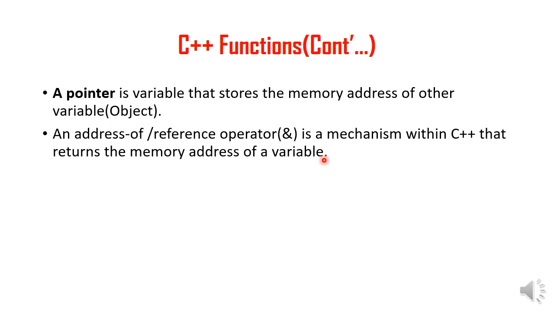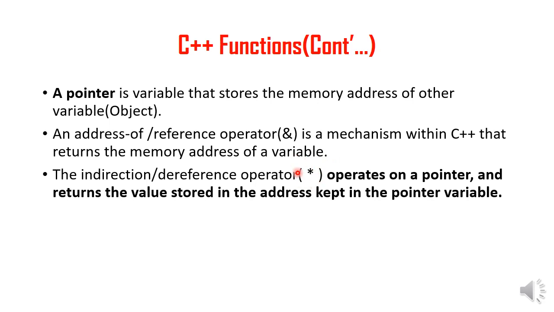This operator belongs to the category of unary operators, meaning an operator which acts on one operand. Once a variable is used together with this operator, it will show or print the address of the variable in memory.